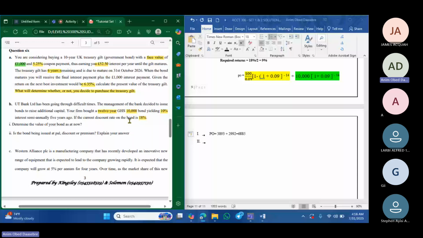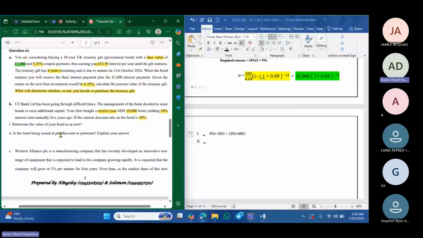Usually, if the yield to maturity is greater, the present value of the bond will be lower than the face value.